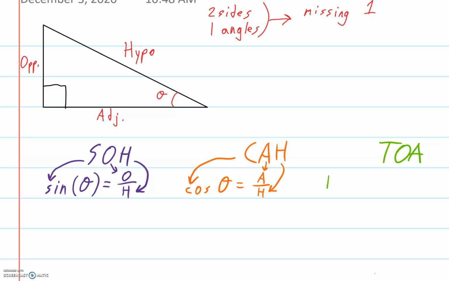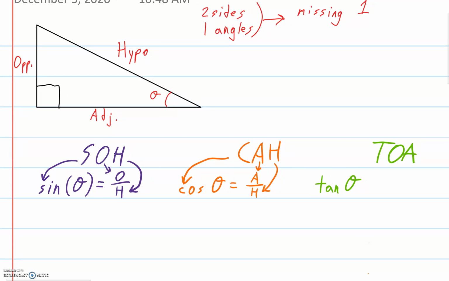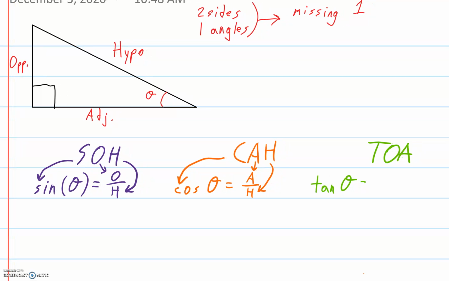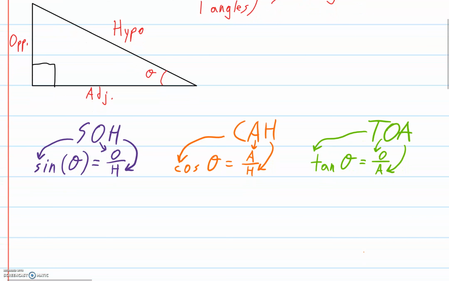One more time. Tan of the angle equals opposite over adjacent. I'm going to draw my arrows again. So T is for tan, opposite over adjacent. That tells us the basic equations.